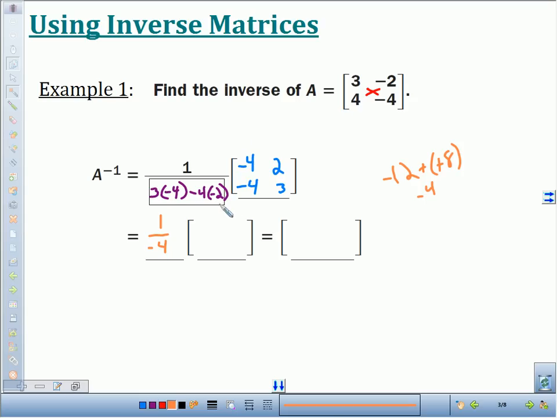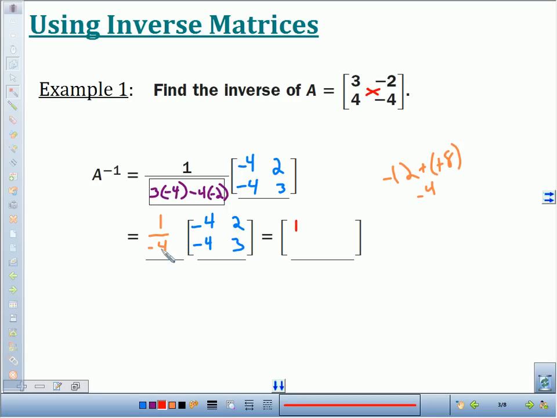So we have 1 over -4 times all of the stuff in my matrix. And I'm just going to rewrite it here. Now we know from doing our scalar multiplication that in order to actually multiply this stuff out, all we have to do is multiply the fraction times all the numbers inside the matrix. So I have 1 over -4 times -4. Well, -1/4 times -4 is +1.